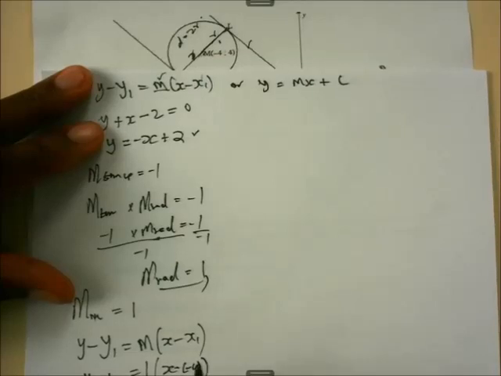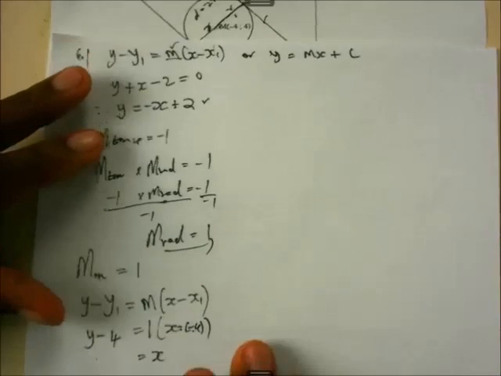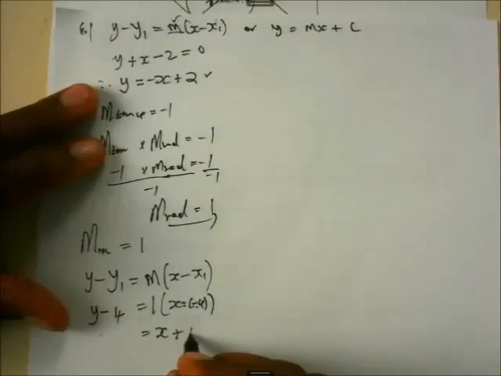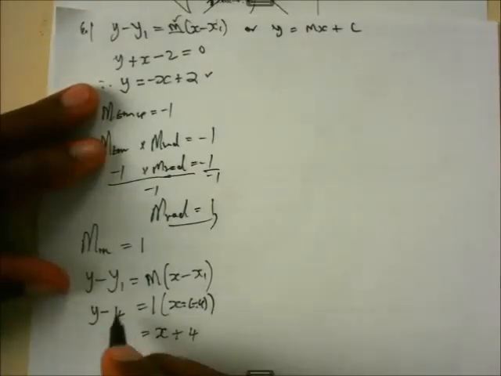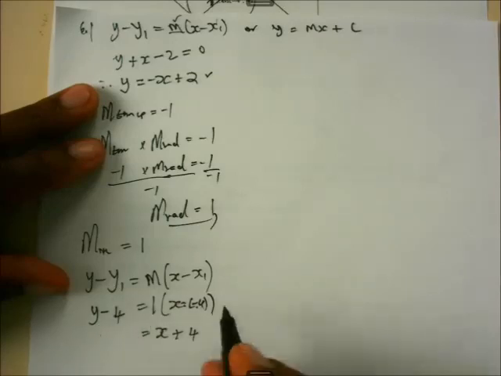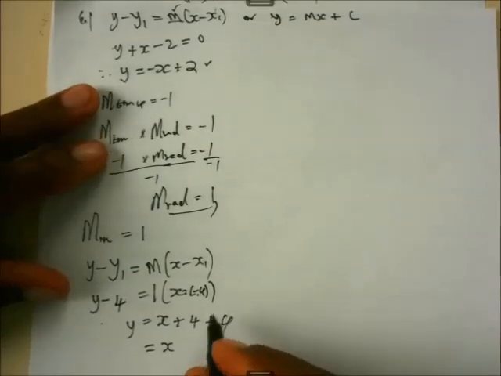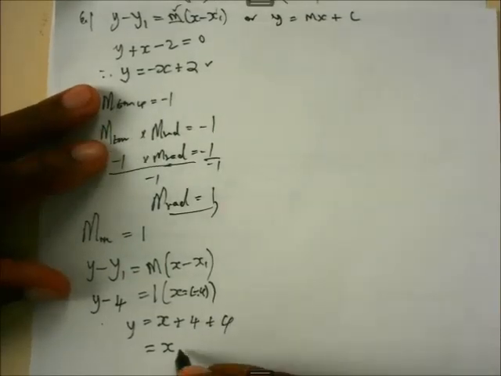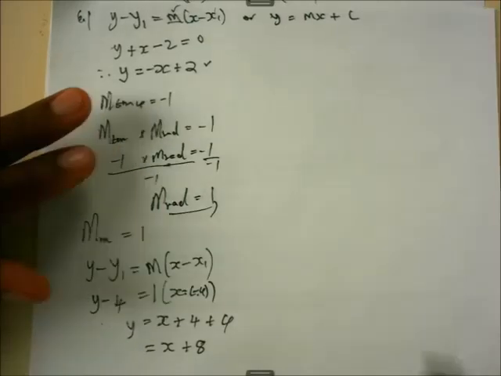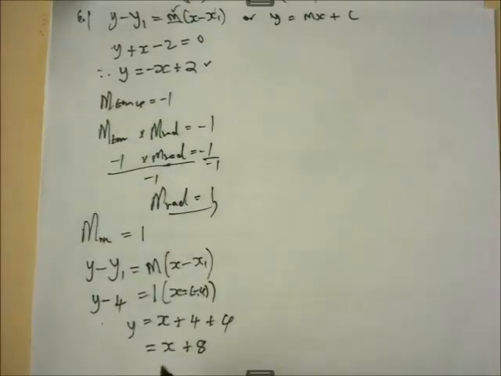Right, now here we multiply everything by x. 1 times x is x. Negative times negative is a positive. Therefore, we have a +4. Right, this is a -4 on this side. When I take it to the other side, we are going to have a +4 as well. Therefore, we have x +4. When we add the 4 together there, the answer will be a positive 8.